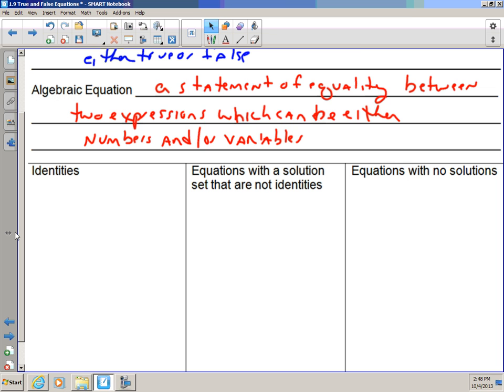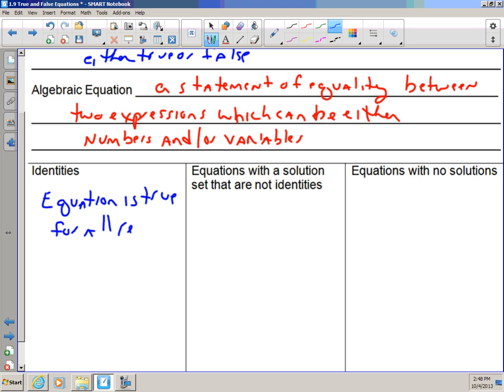So, identities. An identity is a situation where an equation is true for all real numbers. And we use the symbol R, capital R, with a line through it.